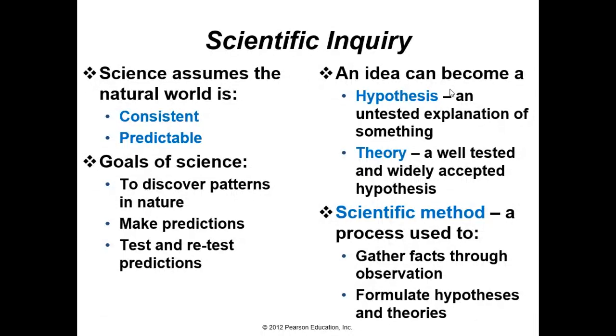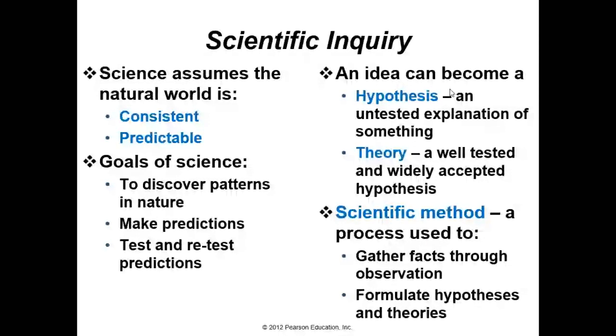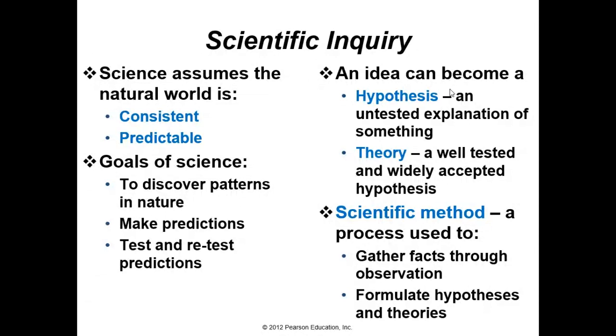A hypothesis is also something you can test that's already been explained, because we know that in the natural world, changes do occasionally occur, such as climate change. So you can test things that have been tested, basically.